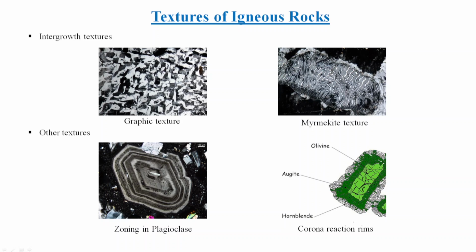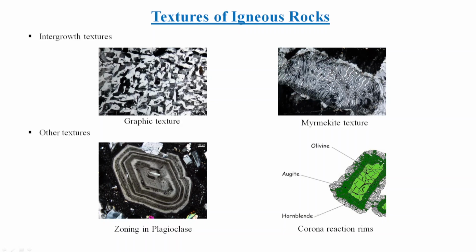There is also another important texture, that is a class of reaction texture. There are again a few kinds of reaction texture, but the most common one is the corona reaction texture. So if you are crystallizing a magma that has some composition of olivine, augite and hornblende, meaning some composition belonging to the olivine group, pyroxene group and amphibole group, then it is possible that there will be some reaction between the olivine and augite, and a reaction between augite and hornblende.